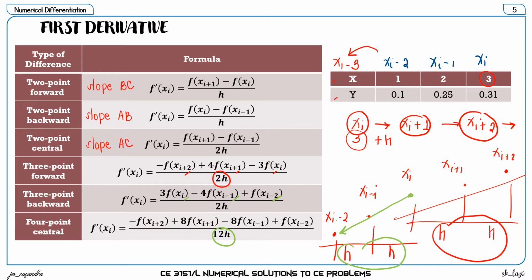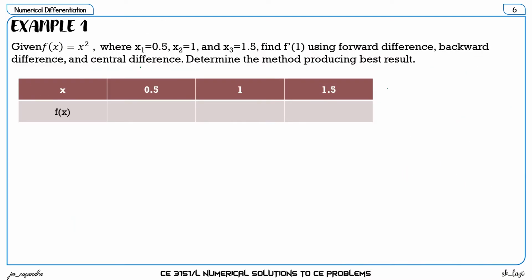So with that, let's have an example using our first derivative using numerical differentiation. For example number 1, given f of x is equal to x squared, wherein we have values of x equal to 0.5, 1, and 1.5 respectively. We have to find the value of f prime at 1 using forward, backward, and central difference.